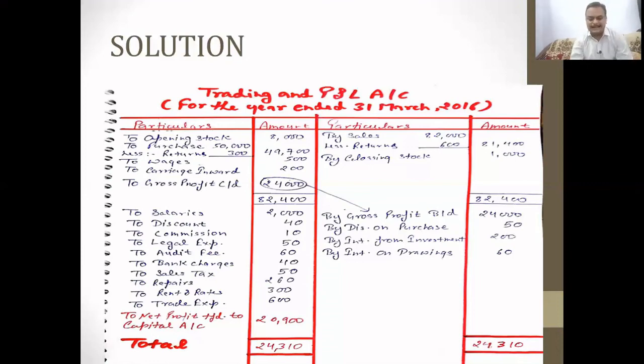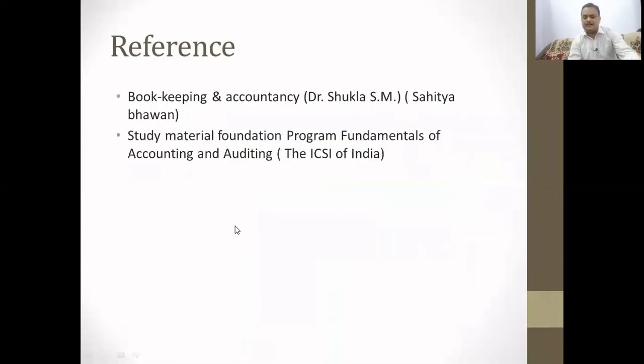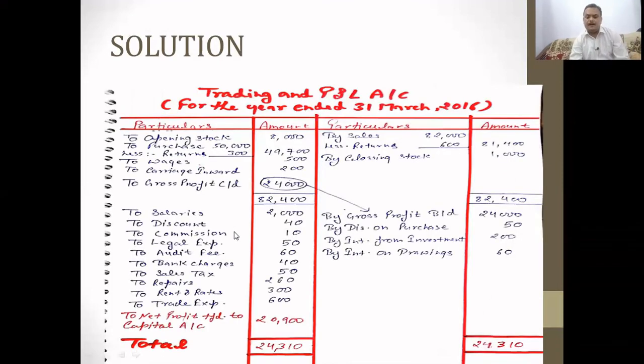So let's see again what we have done in the profit and loss account. First of all, we transfer the gross profit from the trading account to the profit and loss account, from debit side of trading account to credit side of profit and loss account. Then we find in the trial balance all types of indirect expenses and show them in the debit side of profit and loss account, like salary, discount, etc., and all types of revenues that we find in the trial balance show in the credit side.